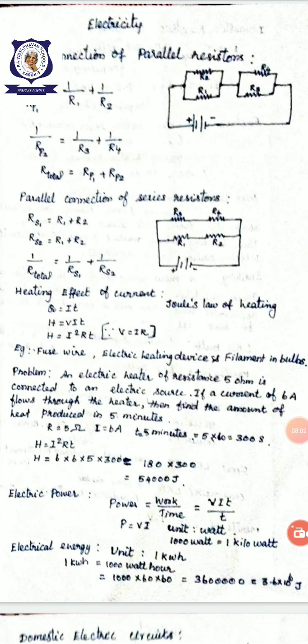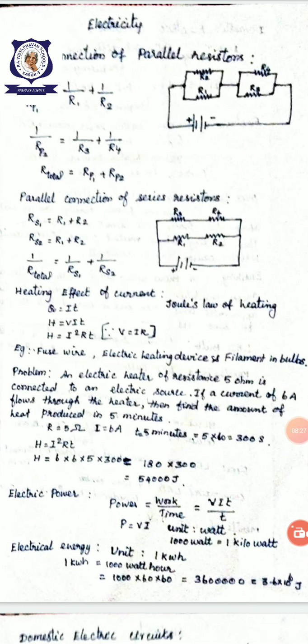Heat is a form of energy, so its unit is joule. Here I is the current flowing in the circuit, R is the resistance of the material of the coil, and T is the time of flow of current.